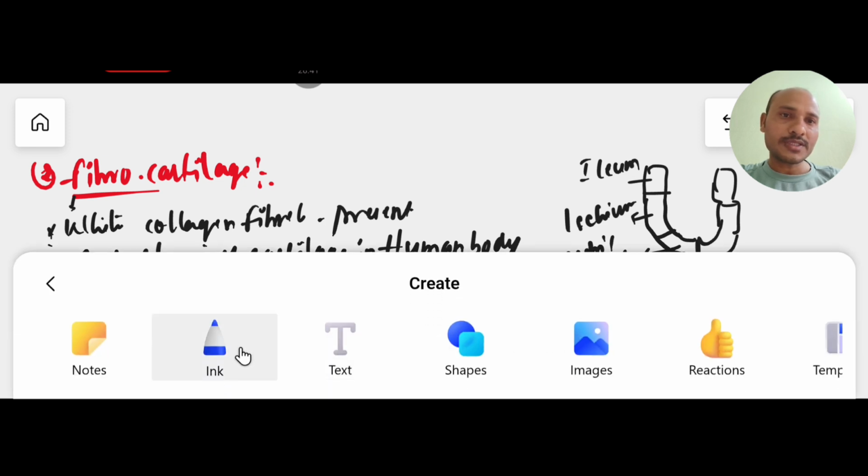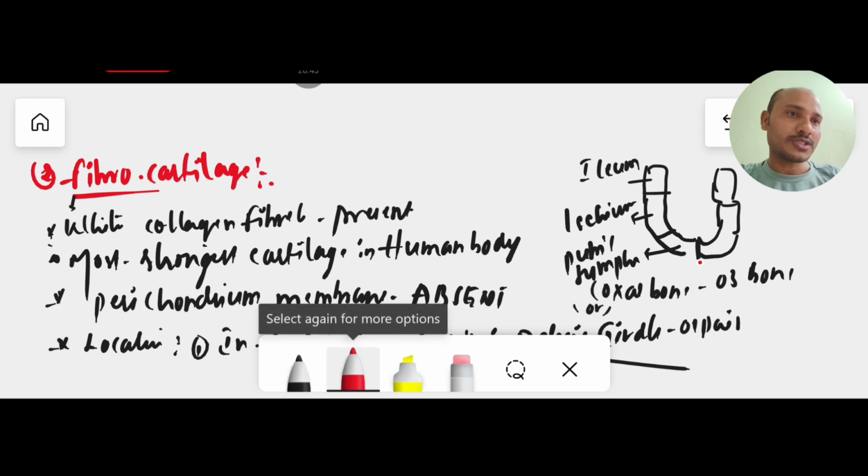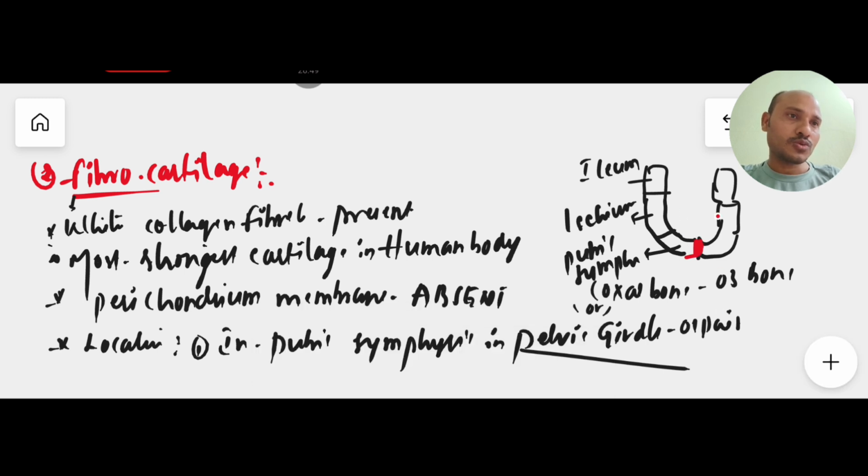So the place where these two bones are joined to each other, we have one pair of pelvic girdle or coxal bones. Each is made up of three different types of bones, and these bones are joined together at the pubic symphysis of both sides. In this place we have seen a type of cartilage, that is fibrocartilage.